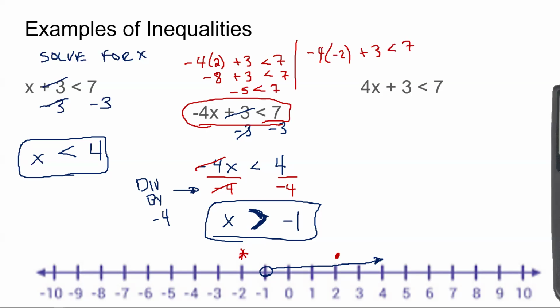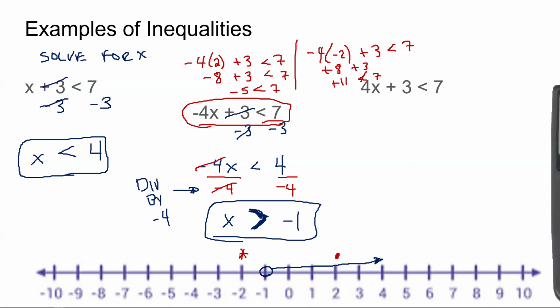So less than 7. Here's a -4 times -2. That would be a +8 plus 3. That's a +11. That's not true, right? 11 is not less than 7. So this should not be in the set of numbers. And the way we flip that sign around, it's not.